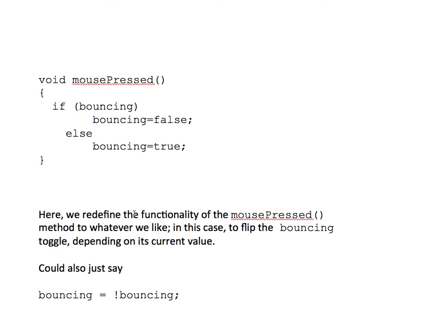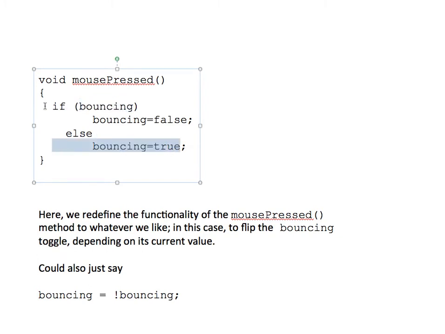So we say by default the ball is bouncing. And here's the mousePressed function, which basically just says if bouncing is true, and this is shorthand. We could say if bouncing equals true, but we simply say if bouncing, and that's essentially the same as saying if bouncing is true, then set bouncing to false. Otherwise, bouncing must be false, so set it to true.